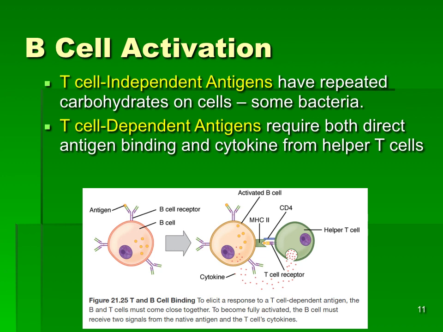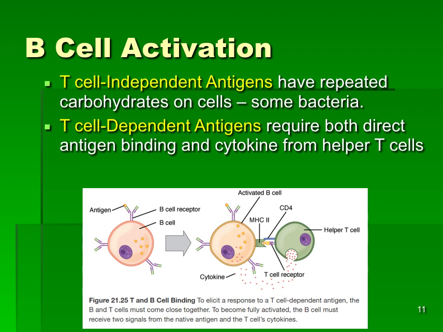I should say a little bit more about B cell activation. It turns out sometimes B cells don't need T cells to help them get going. This happens when an antigen is classified as a T cell independent antigen.